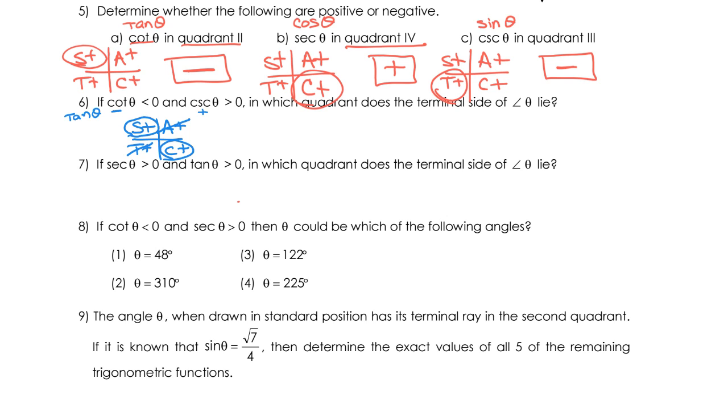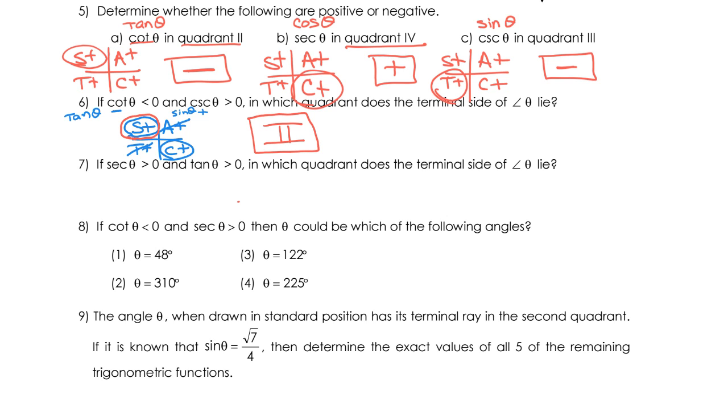We'll use the second one to narrow it down. They want to know where cosecant theta is positive, so I'm going to think about its reciprocal, sine theta, where sine theta is positive. We know sine theta is positive in quadrant 2, so cosecant theta would also be positive in quadrant 2, and so quadrant 2 has to be where it happens.